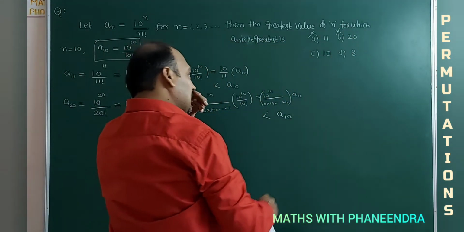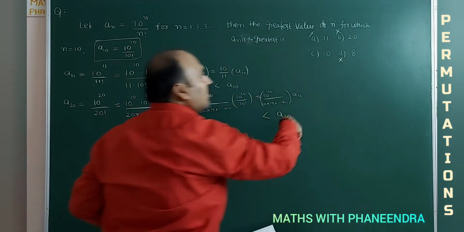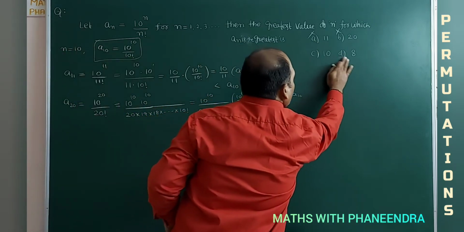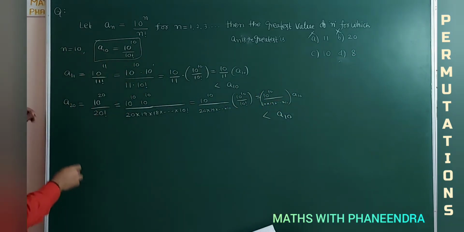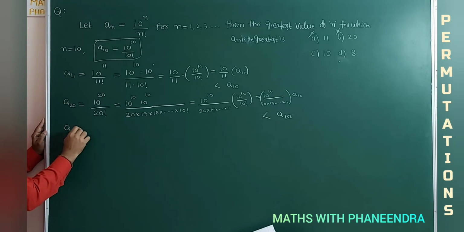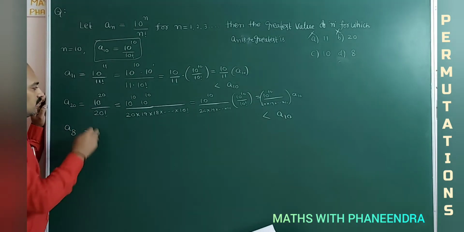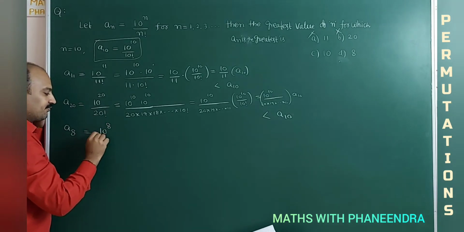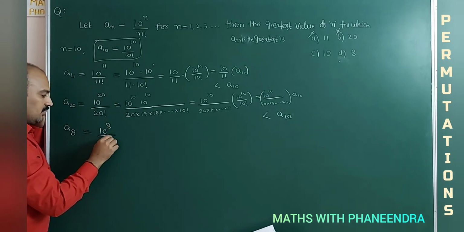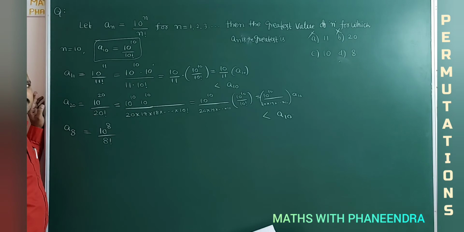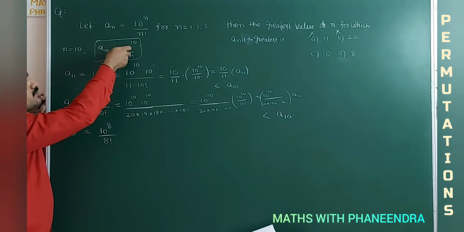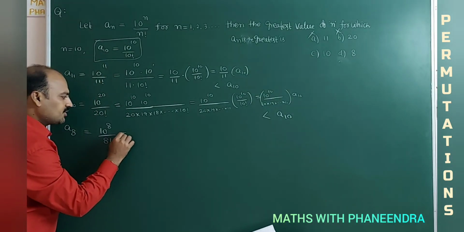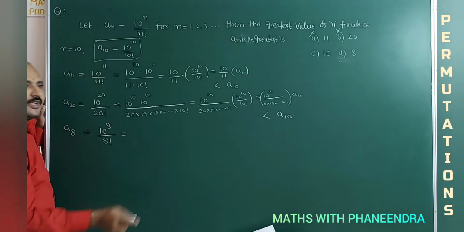Next we will check option 8. That is a8. a8 means in place of n substitute 8: 10 power 8 by 8 factorial. But 10 factorial is not there, and I want to write it in terms of 10 factorial. 10 power 8 is there, and I want to get 10 power 10.